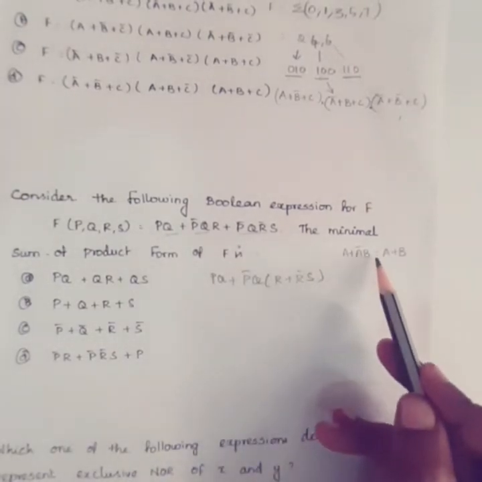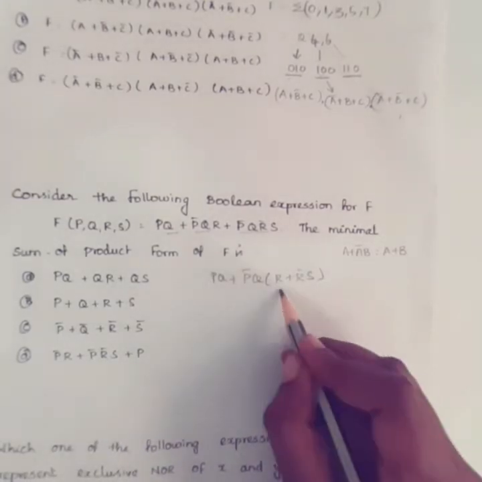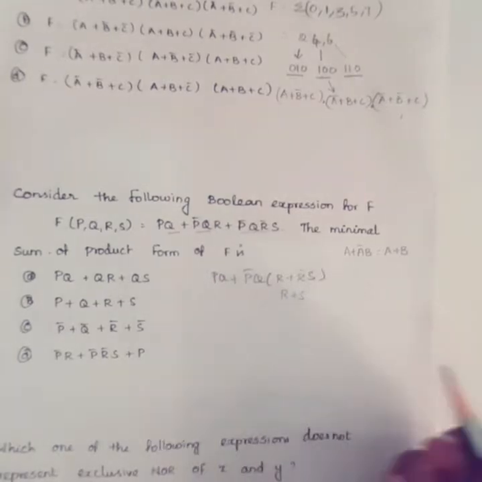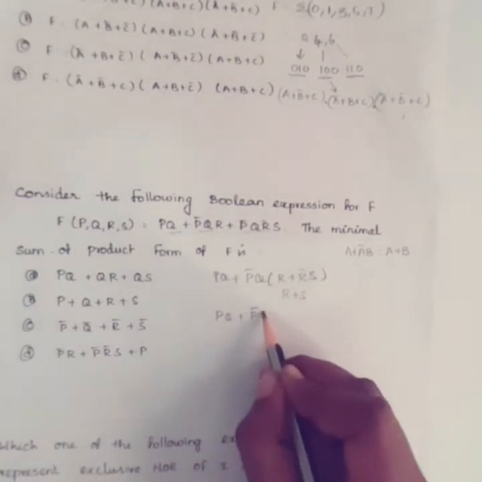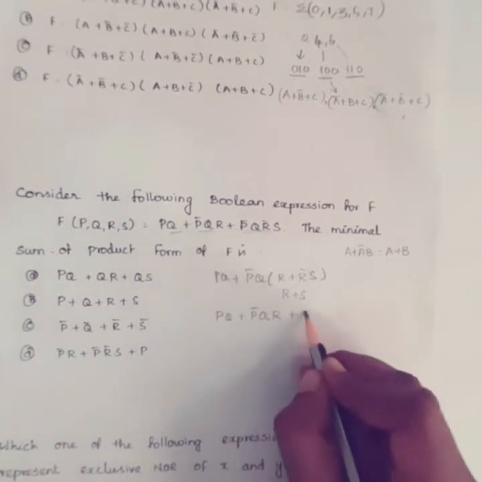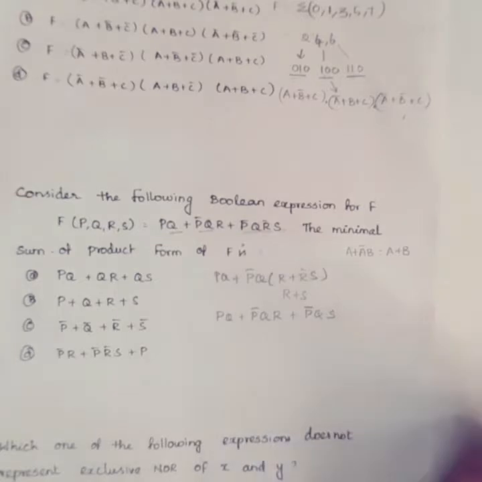Here R plus R bar S can be written as R plus S. So you get PQ plus P bar QR plus P bar QS.